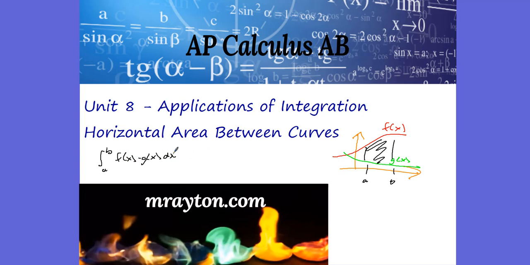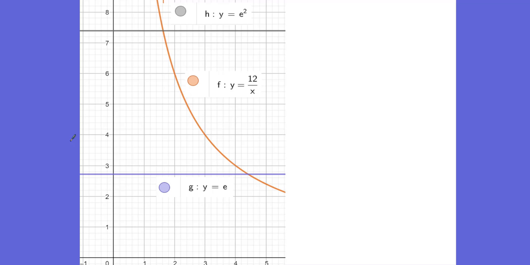Now, that was the vertical. We had our x limits of integration on the x-axis, and we were taking the top function minus the bottom function. We're going to do the same thing, but sometimes it's easier to do the horizontal integration, because take a look. I'm trying to find the area in between these two curves, and we have a weird value.